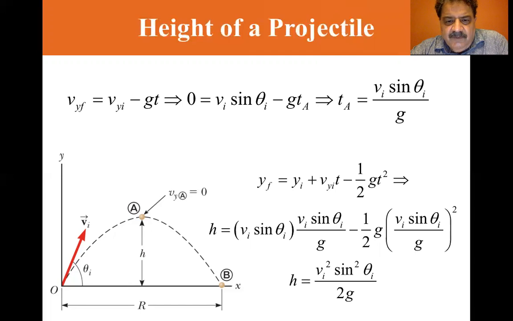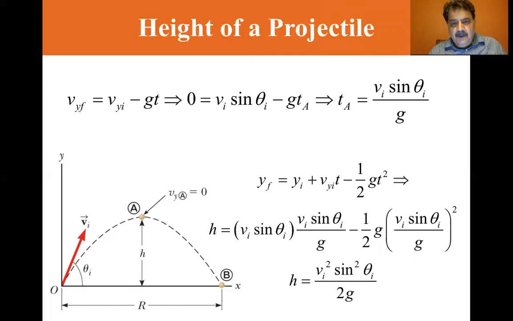Basically we're solving for y final. h is equal to vi squared sine squared of theta initial over 2g. That's what all the algebra comes down to.